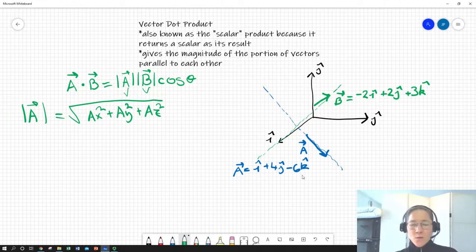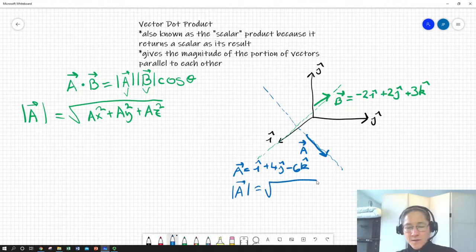So we can do that in each one of these cases, we can get the magnitude of vector A. It's going to be the square root of 1 plus 16 plus 36.